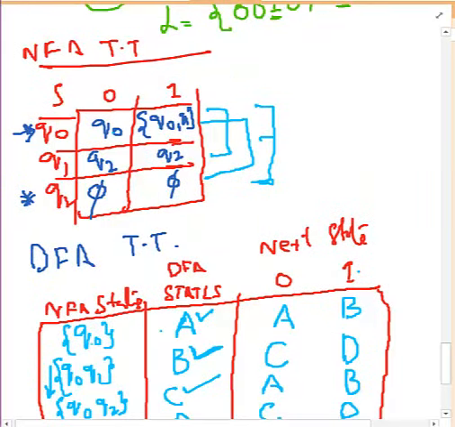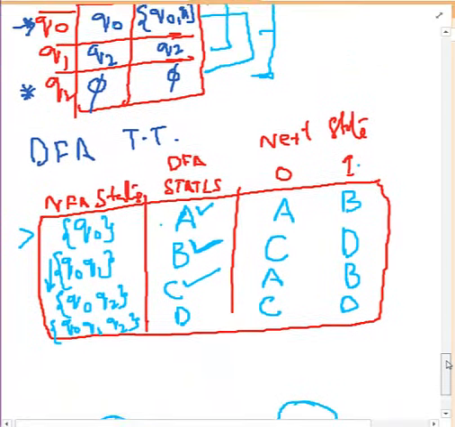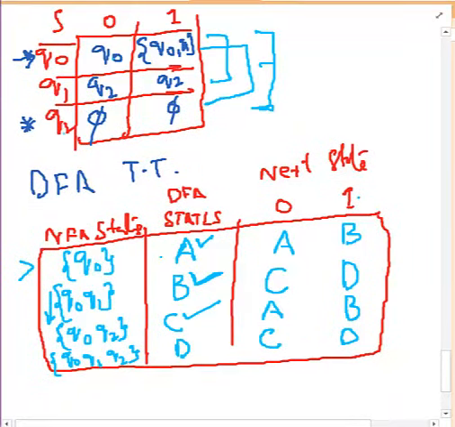In the NFA we had Q0 as the start state, so this is going to be my start state, and the final states will be all those states which have Q2. That was the final state in the NFA. In the DFA, wherever Q2 is, that's going to be a final state. Q2 is here, so this is going to be my final state, and Q2 is here too. So C and D both are final states.